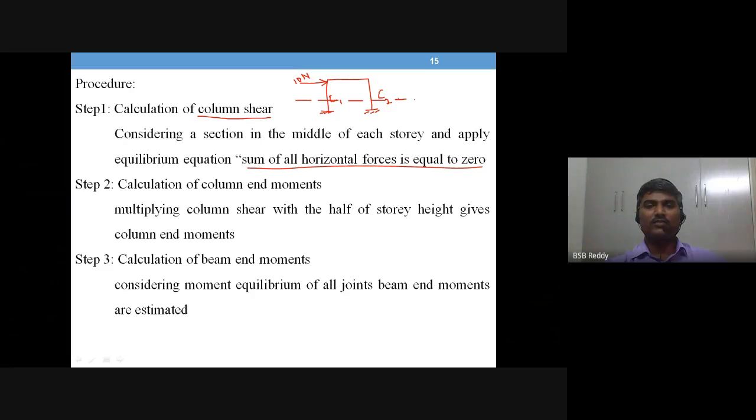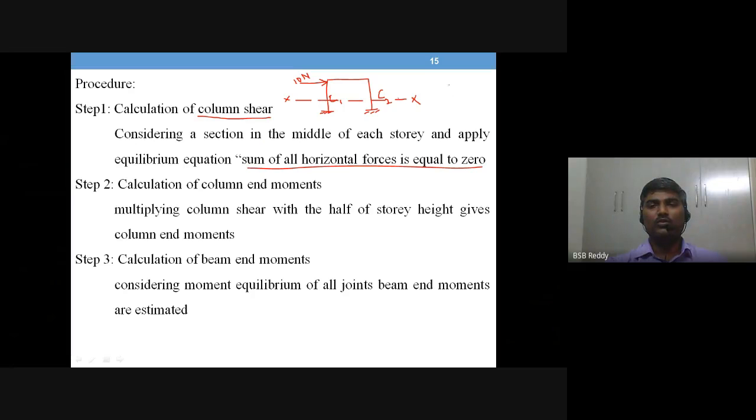In the middle of the story, you pass a section. Take the upper part of the section, because if you take the lower part for equilibrium, you need to evaluate the support reactions. So to avoid that, we take the portion above the section.